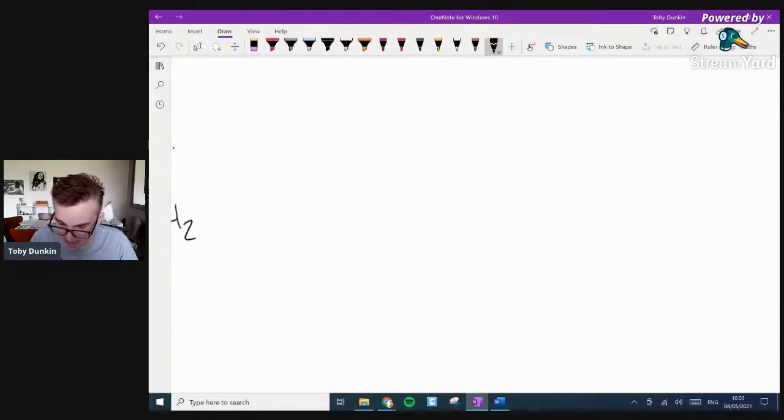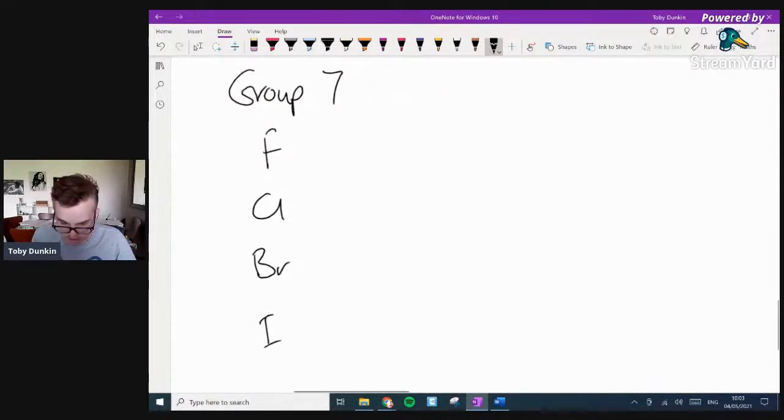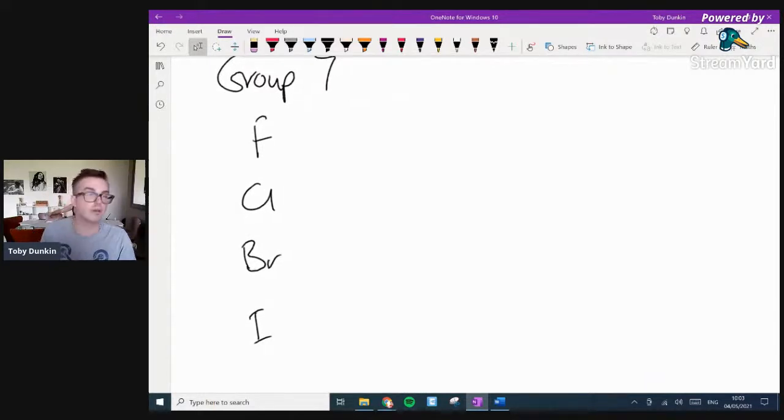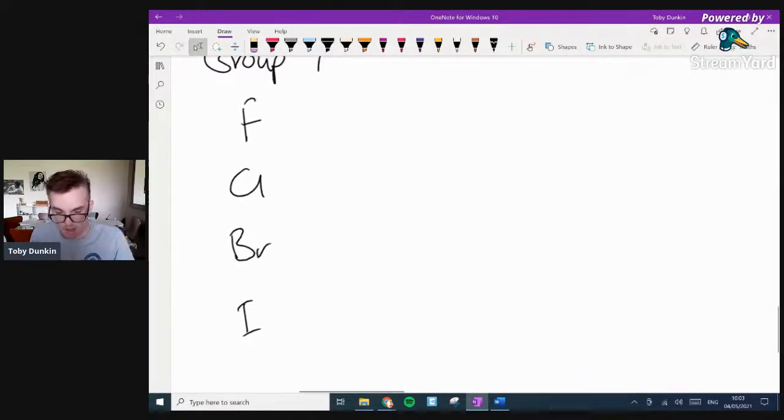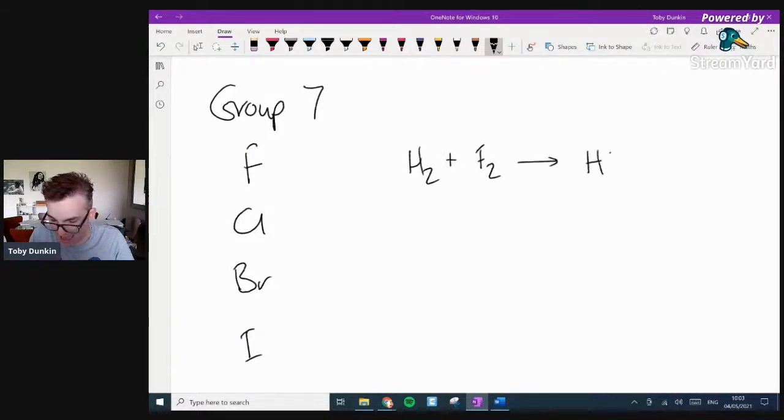So if you look at group 7, this is group 7 chemistry. Group 7, you've got fluorine, chlorine, bromine, and iodine. If you react each of these with hydrogen, H2 plus F2, you form HF, hydrofluoric acid.